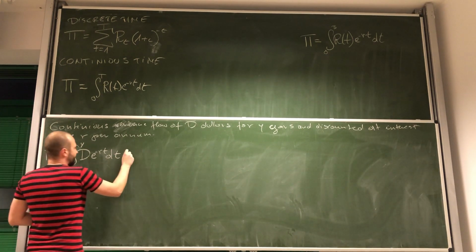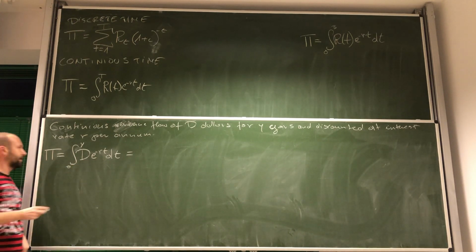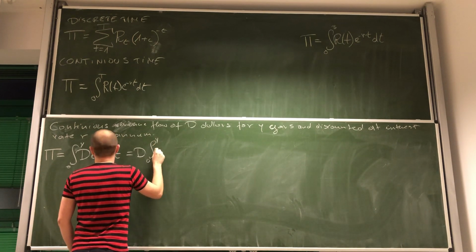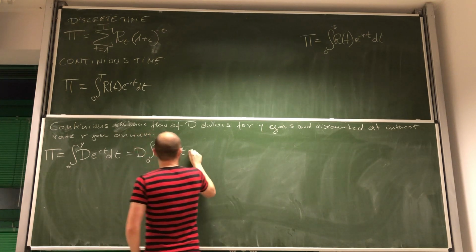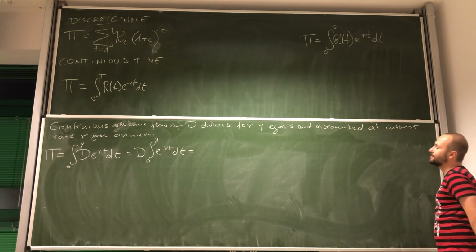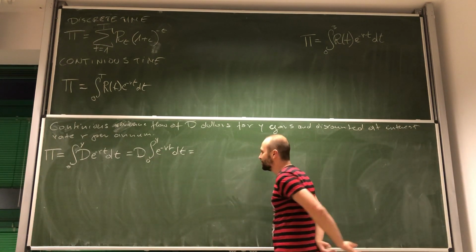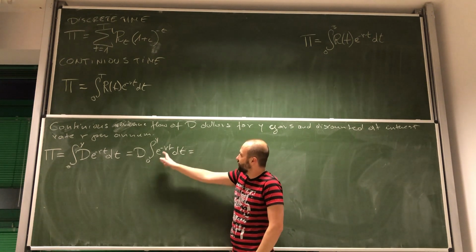Okay, so first let's get D out of the integral right away because we don't like it. And from 0 to Y, we've got e to the power negative rt dt. I hope at this moment you know extremely well how to deal with such an integration problem when we need to integrate an exponential function.